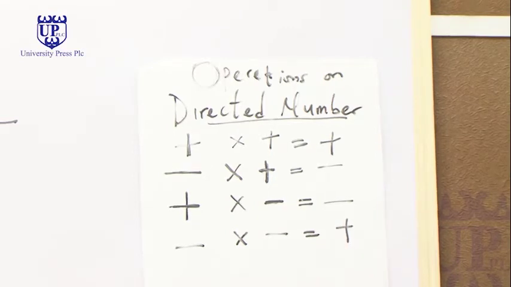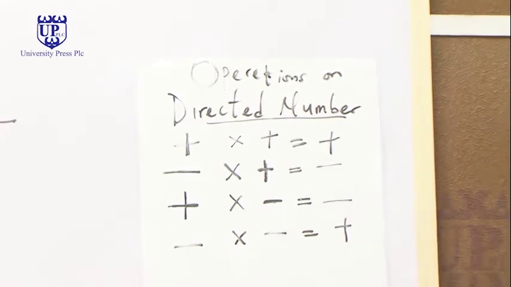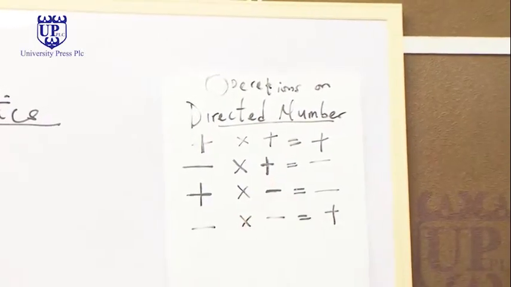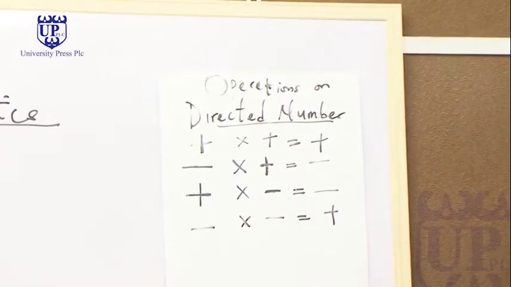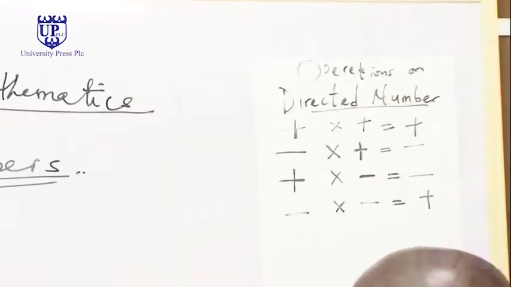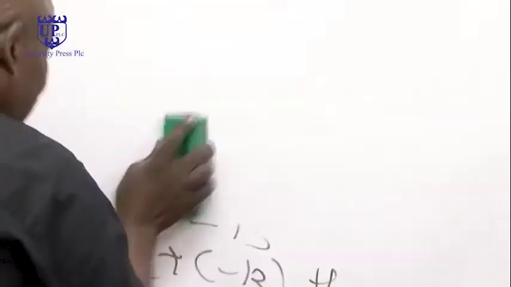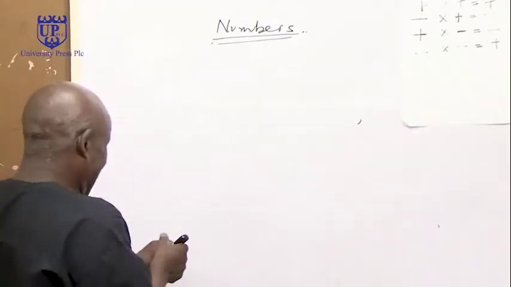I will give you an example on this, and I don't want you to confuse it with plus plus minus, minus plus plus. That is why we explained this one earlier. Let's look at it in dealing with products. The first one is okay.